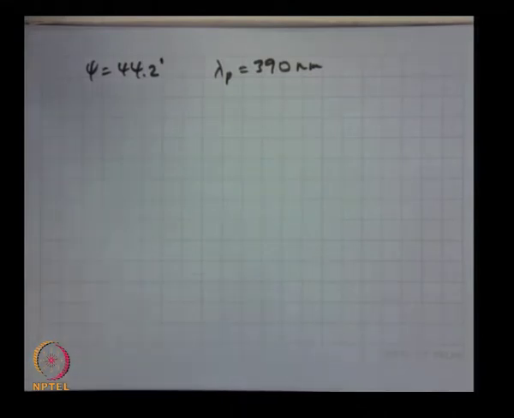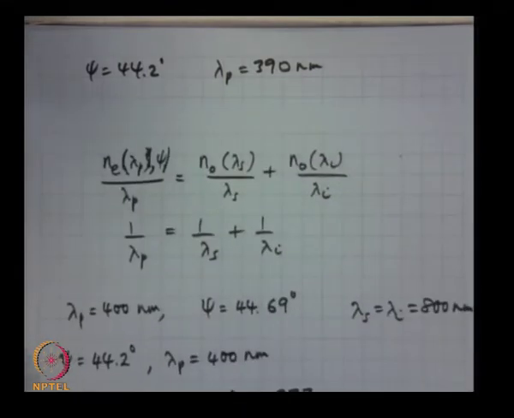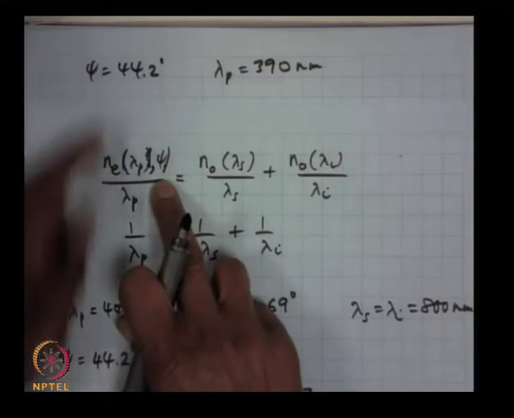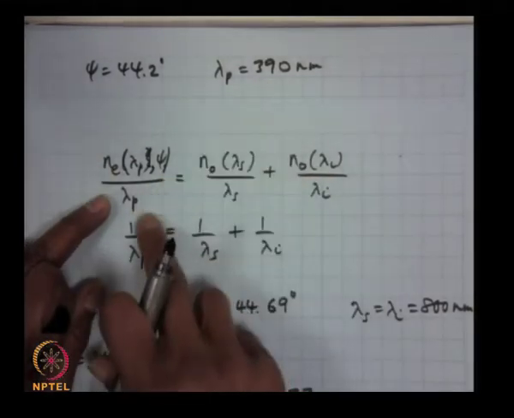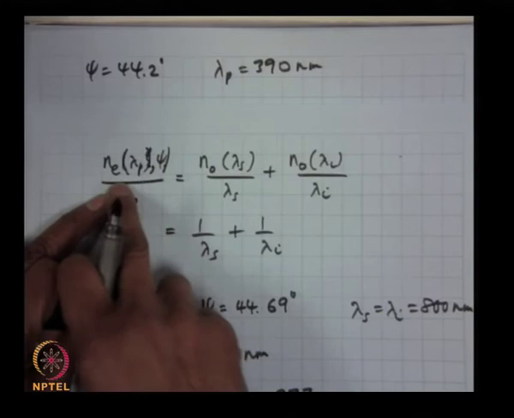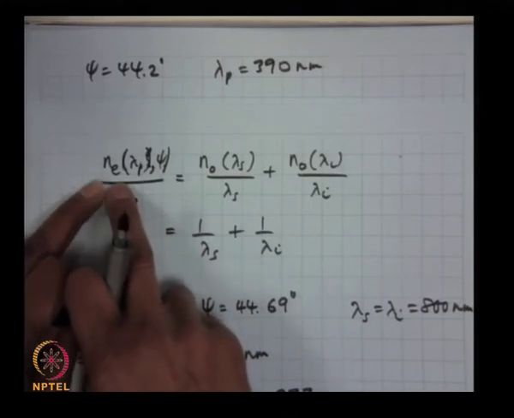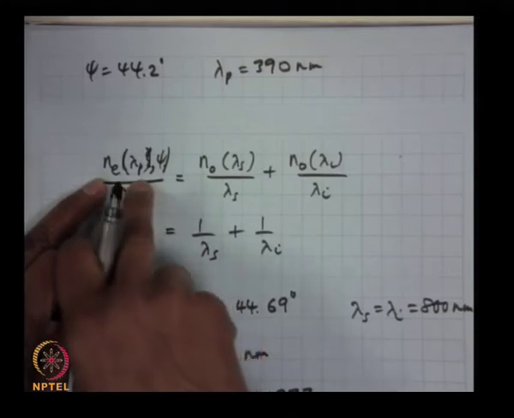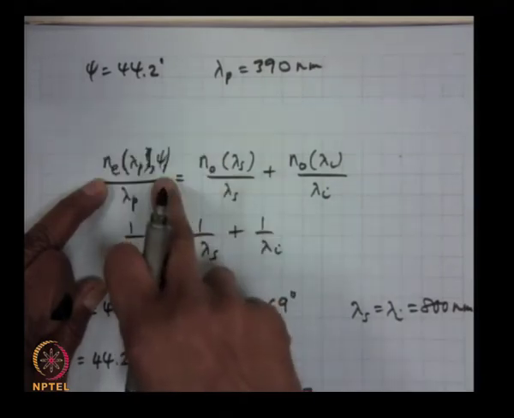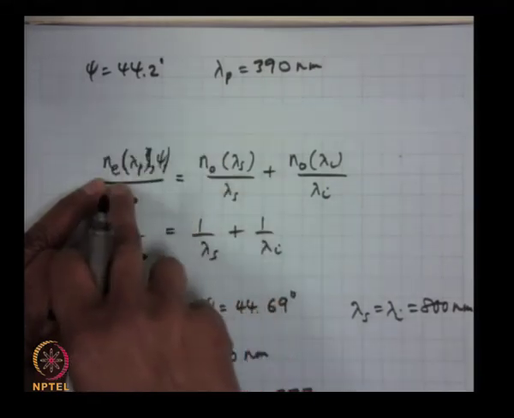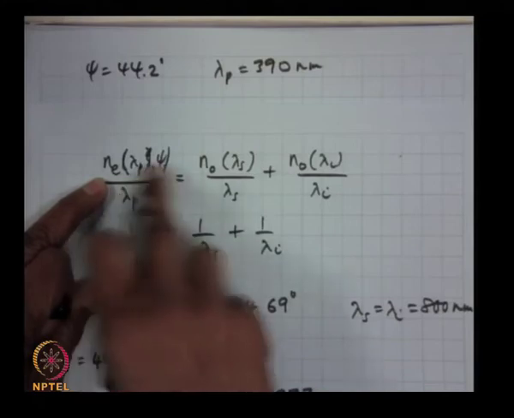Now again I need to satisfy both these conditions. Psi is known, 44.2, lambda p is 390. The refractive index has now changed, because the extraordinary index at 400 nanometer at 44.2 degrees is different from the extraordinary index at 390 nanometer at 44.2 degrees.